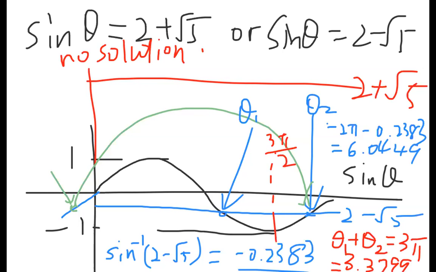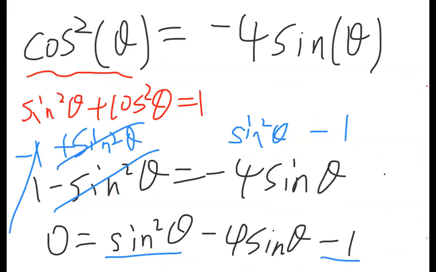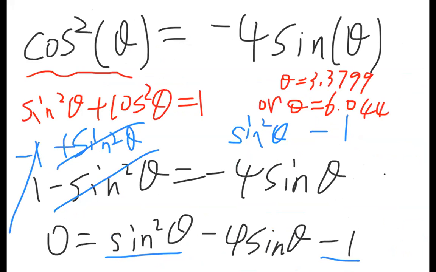Okay. So in general, the solution for the original equation would be these two, right. So you have two angles for this solution, right? That makes sense?